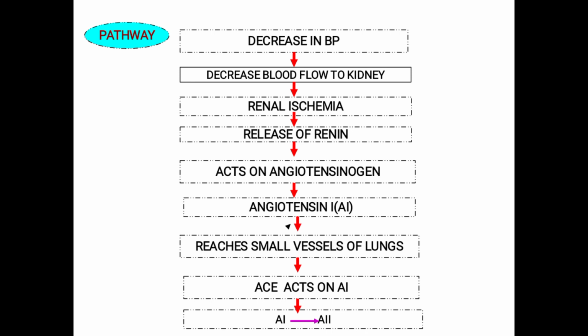Whenever the BP decreases, blood flow to the kidney decreases, so the JG cells release renin. Renin acts on angiotensinogen, which is converted into angiotensin 1, and then into angiotensin 2.